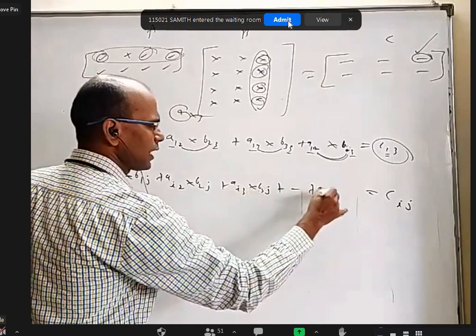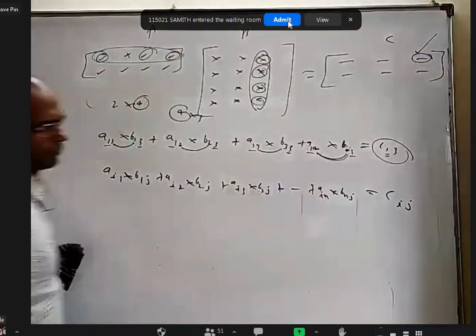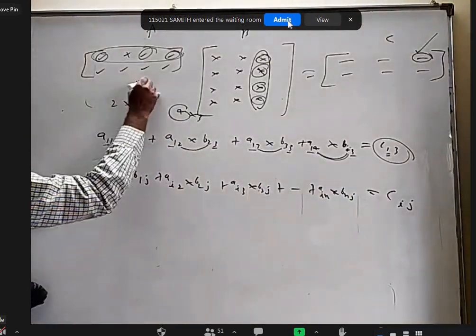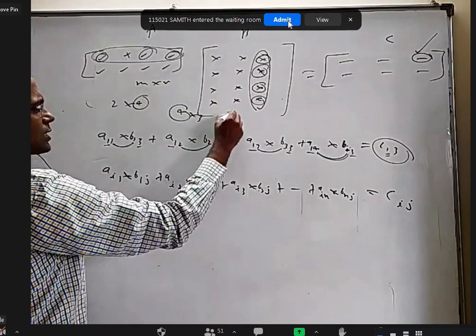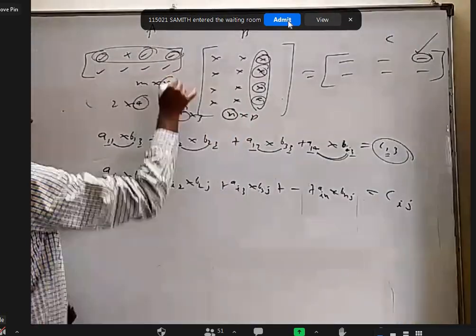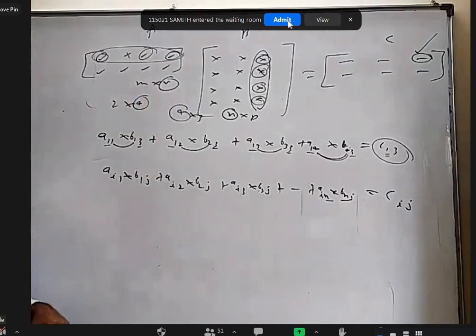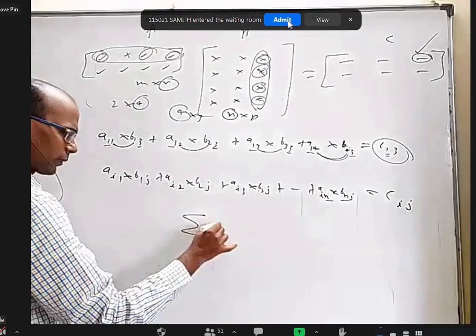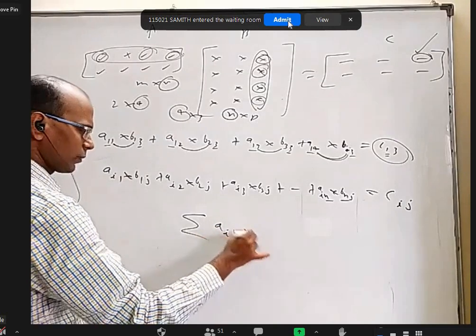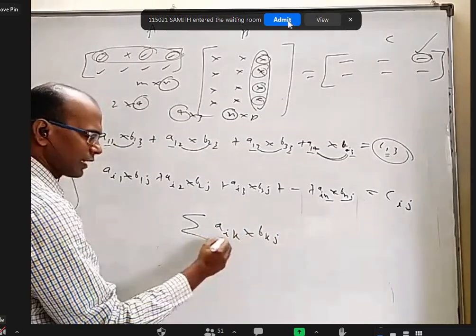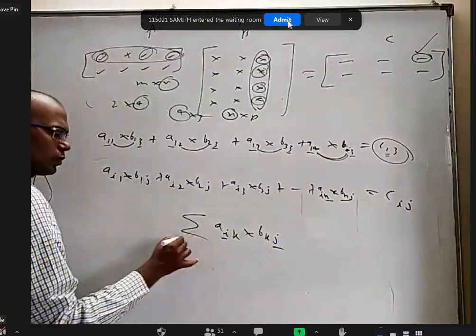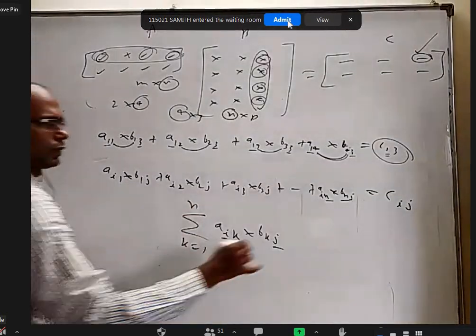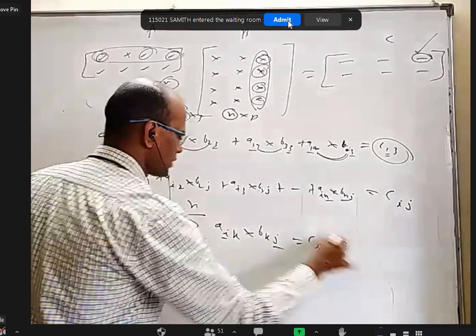And similarly Ain into Bnj. If this order is m by n, this order is n by p, this n is the final n here. If you want this, you can write it as sigma Aik into Bkj, where i is fixed, j is fixed, but k is varying. How? From 1 to n. That is Cij. That is the definition.